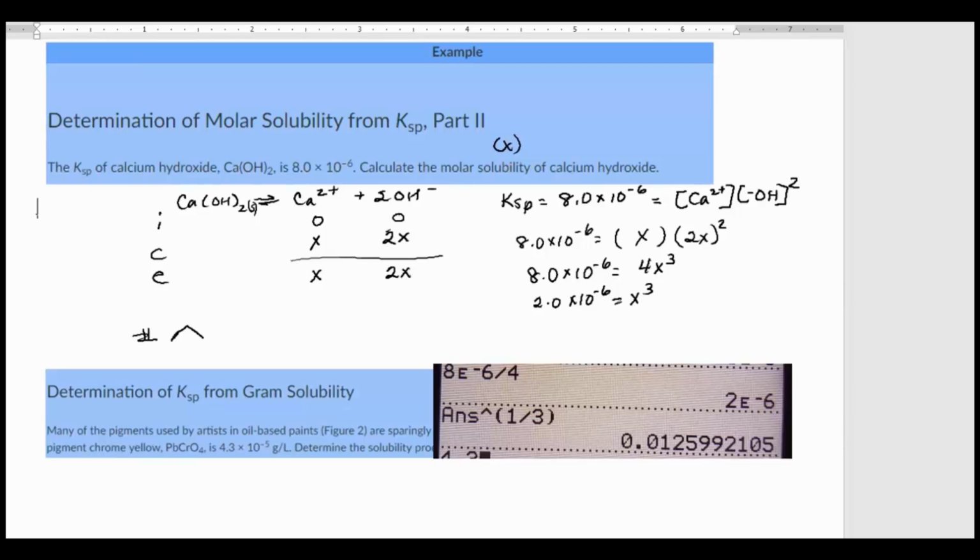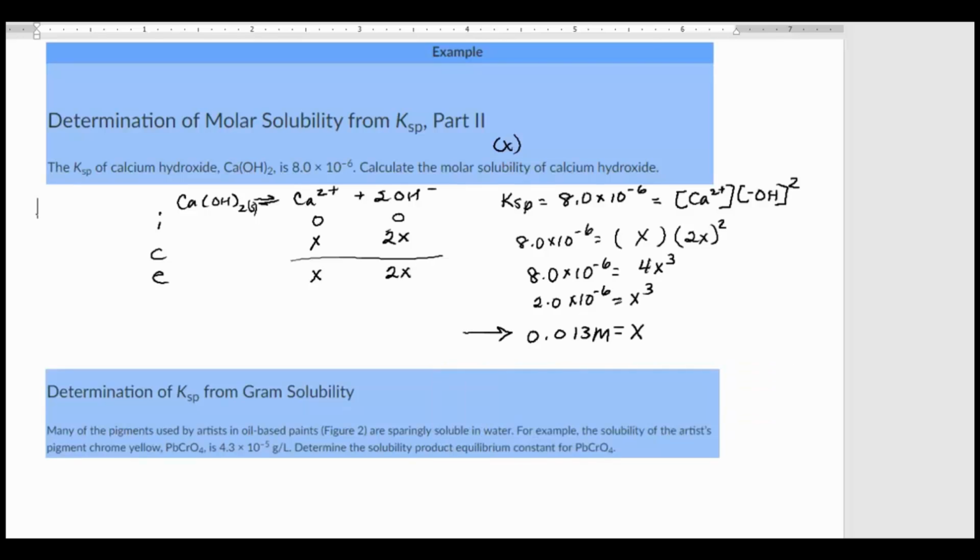And then in my calculator, I have to put it in parentheses, 1 divided by 3. That's how you take the cube root if you don't have a cube root in your calculator. So I find that x is equal to 0.013 capital M molar. So that is the molar solubility of calcium hydroxide.